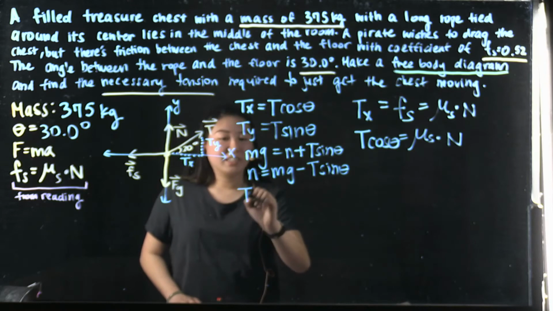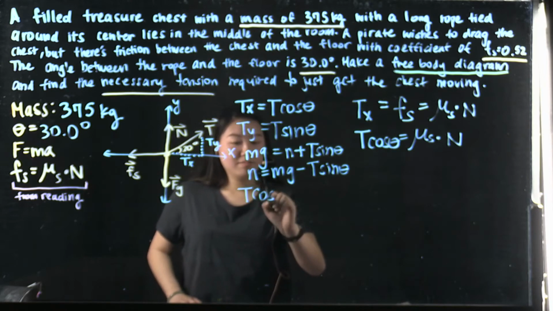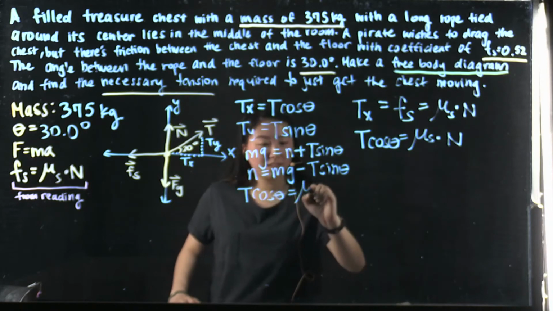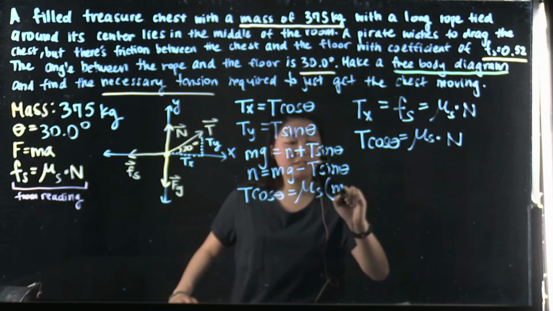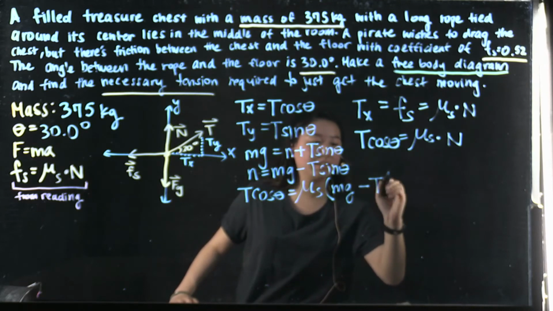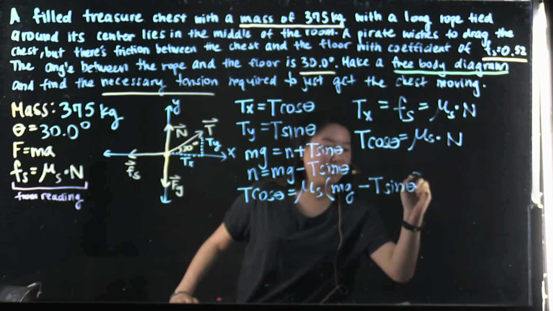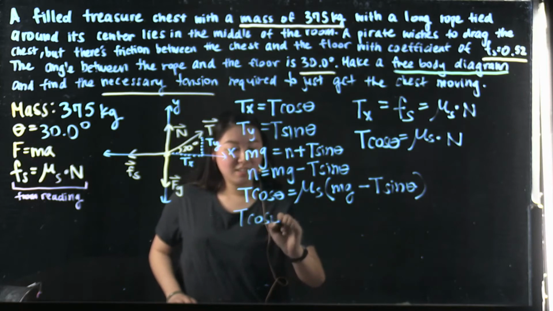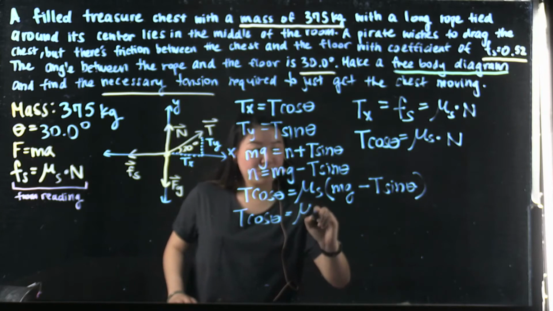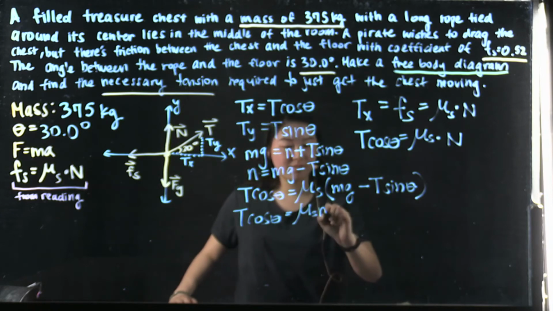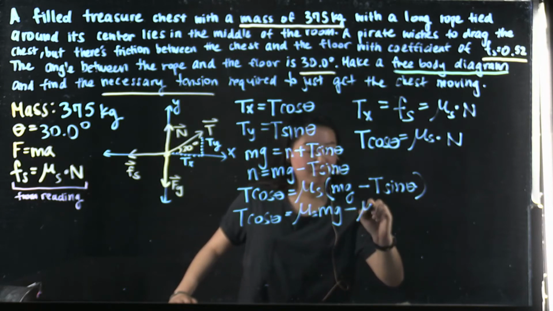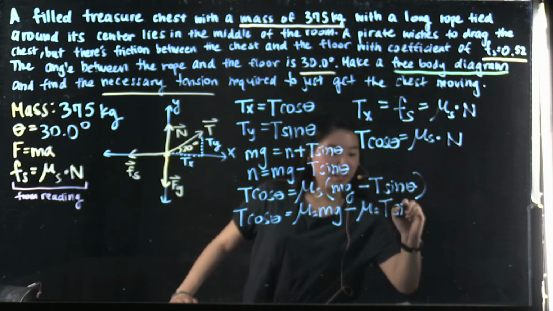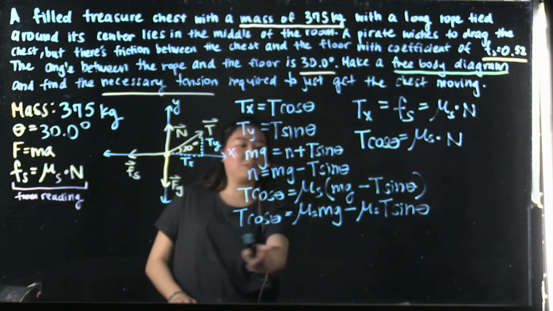And now we can plug this equation in, times the force of gravity minus the y component. And now all we have to do is solve for T. I'm going to FOIL this out. And I'm going to move this all the way over here.